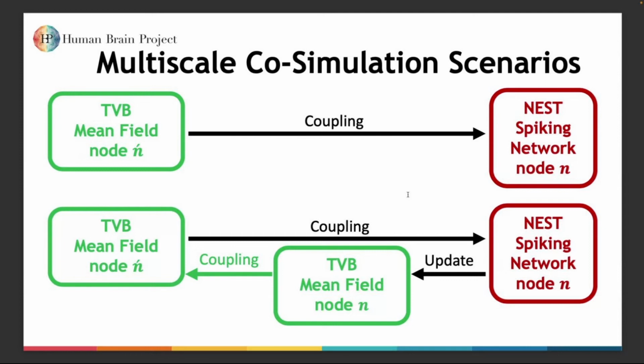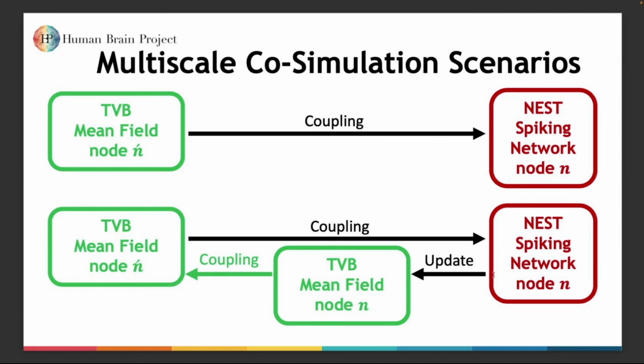Alternatively, most of the examples I'm going to show you are about bidirectional connectivity, in which case we can substitute a whole brain region with spiking populations. In that case, we need, on the one hand, to couple from all other mean field regions to the spiking region. At the same time, we don't want to create a hole in the TVB brain, an empty space for that node.